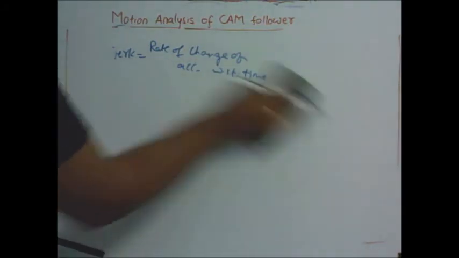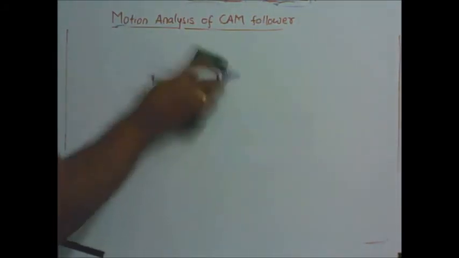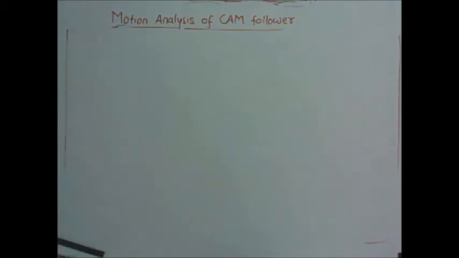When jerk is high, it generally happens at high speeds. When jerk occurs, we will get noise and vibrations due to high inertial forces, and it will lead to early failure of the cam follower system. So we need to avoid jerks as far as possible.